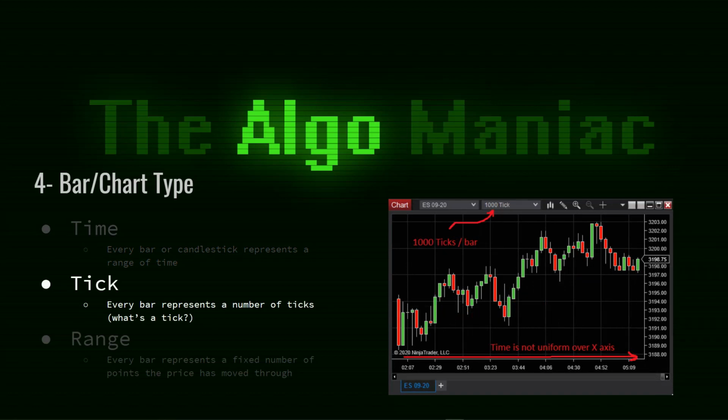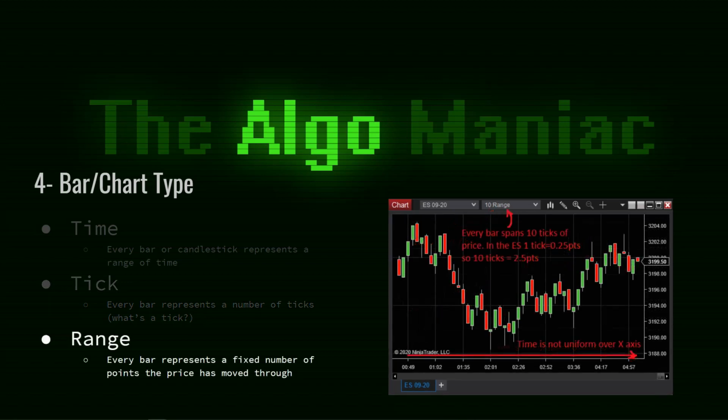And there are also range bars, where your charting software will draw a bar every time the price spans a certain number of ticks. So let's say if you do 10 ticks on the S&P mini, for example, every 2.5 points, you'll see a bar being drawn and it's going to move on. So depending on your strategy, you're going to pick what type of time frame, and make sure also that your platform supports that. Not every platform supports everything, so be aware of that.